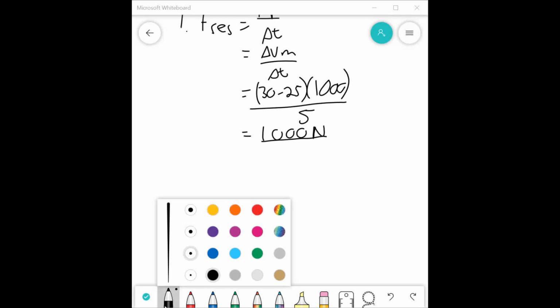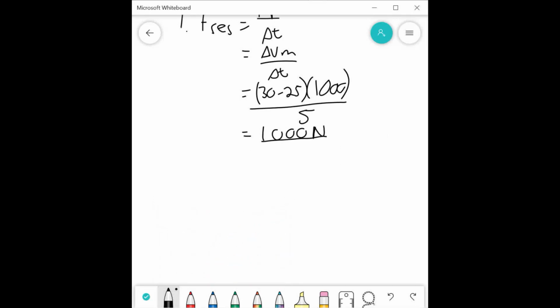Then following on from that 1,000 newtons, the second question says, assume the direction of the initial velocity is positive. So that is your initial. And the answer you obtain from the above problem is negative. What is the direction of the exerted force?